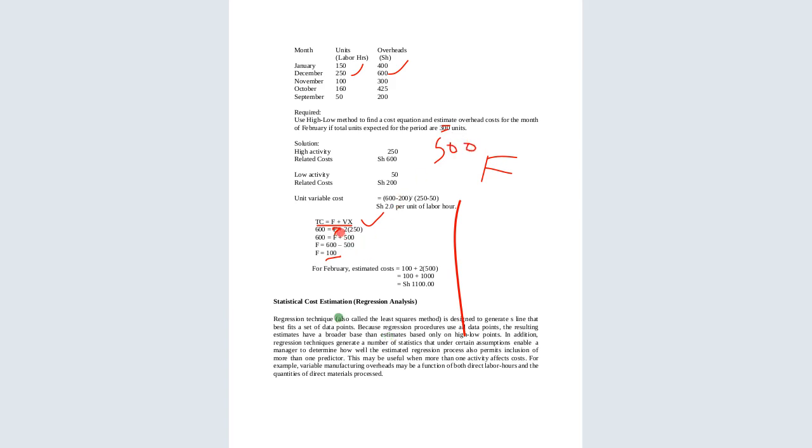How do we estimate? You replace into the equation. Our equation is: total cost is equal to 100 plus 2 into brackets X. So that is our equation, meaning that we have the fixed cost, we have the V, but we don't have X. So if we have changes in X, it causes changes in total cost.